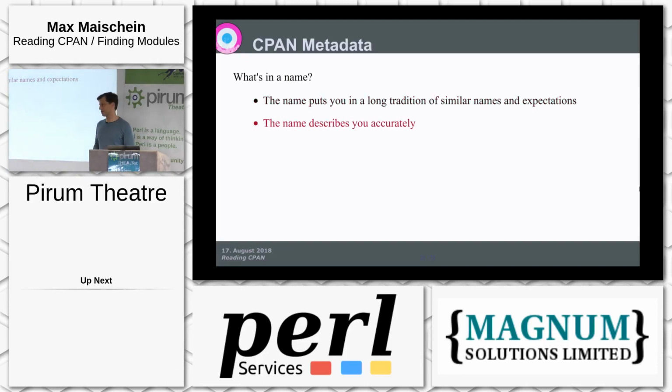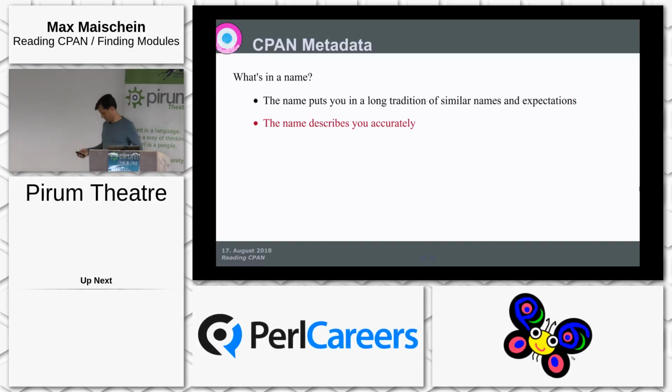The other thing is that a name ideally would describe you accurately, but that's usually not something that you know when naming the kid or the module. So yeah, finding a good name is hard, but usually the good name only appears after 2 or 3 years of usage. So yeah.